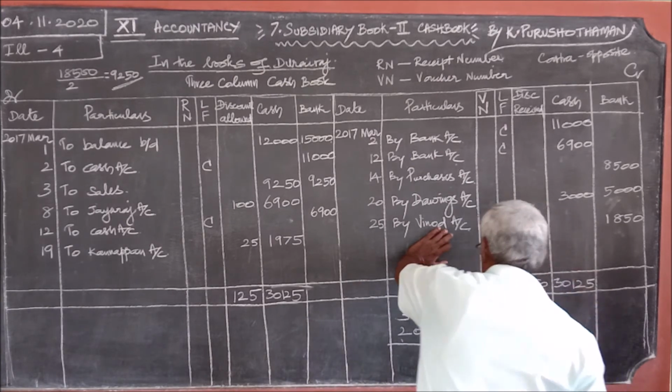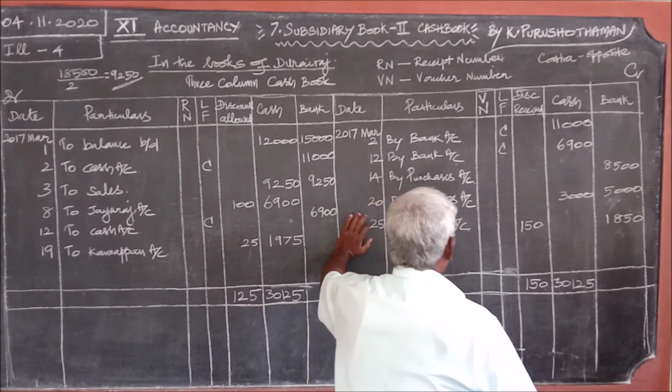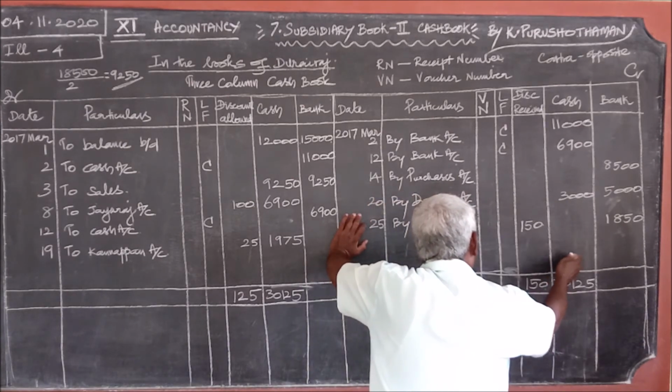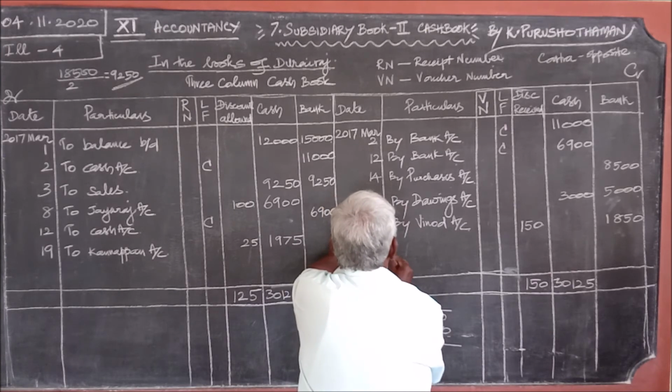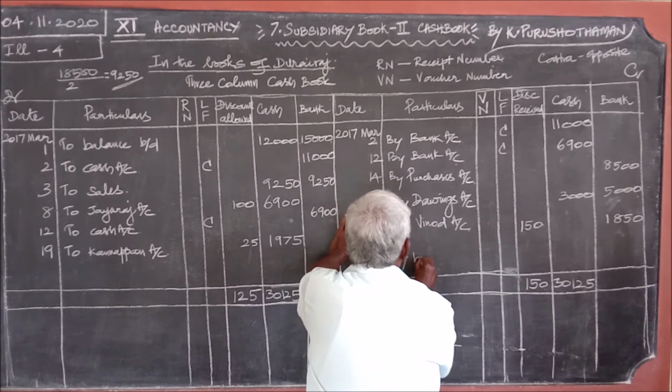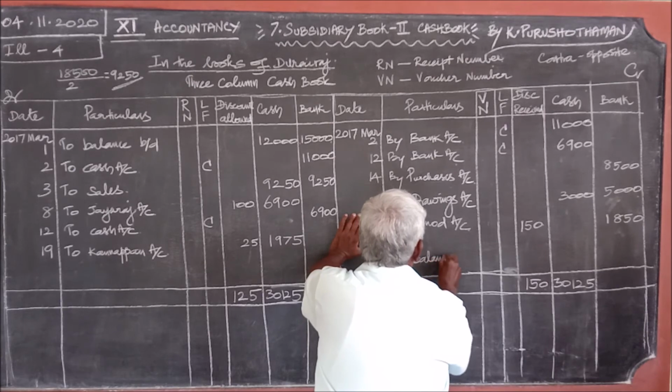After writing it, find the balancing figure. Here only it is the lesser total. Therefore, we can write the balancing figure, that is, on the last date, by balance carried down.